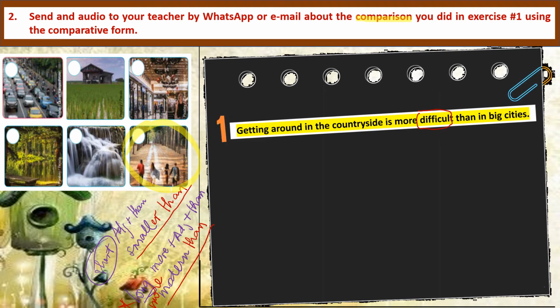So that's the reason why I have written over here more plus adjective plus than. Remember that this is the adjective and this is the comparative form. So in this picture I say, getting around in the countryside, movilizarse en el campo es más difícil que en las grandes ciudades. Because there are not many means of transport, right?